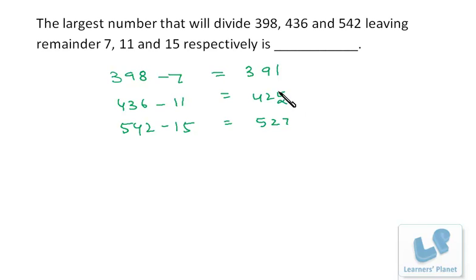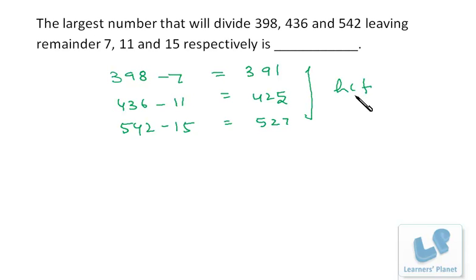Now we have to find out the HCF of these three numbers, right? That is 391, 425 and 527. You got my point? The largest number that will divide these three numbers, leaving remainder 7, 11 and 15 respectively. So we eliminated the remainders. Now we are finding out the HCF of these three numbers, right?